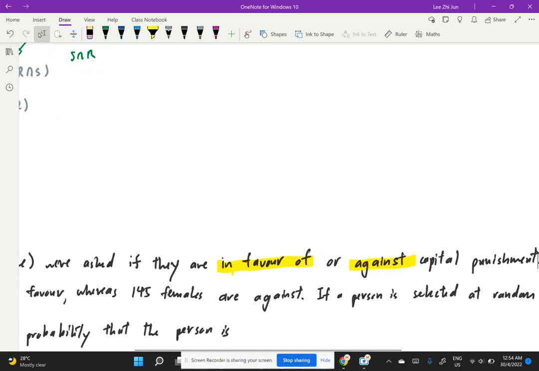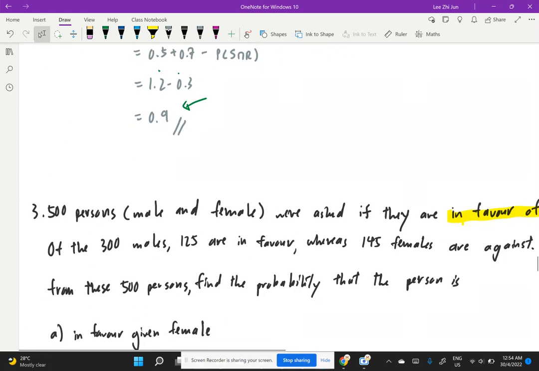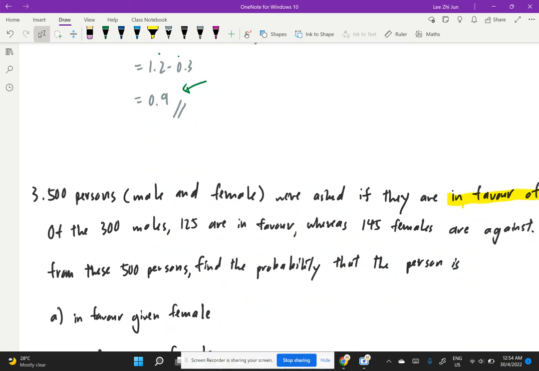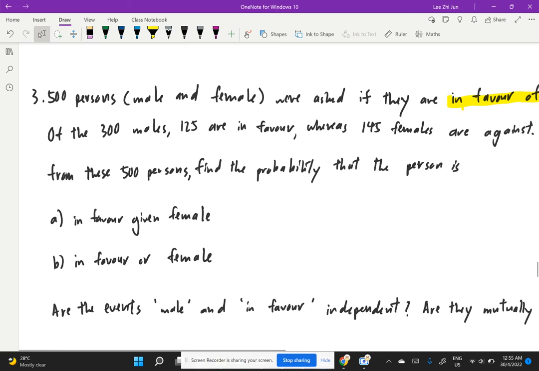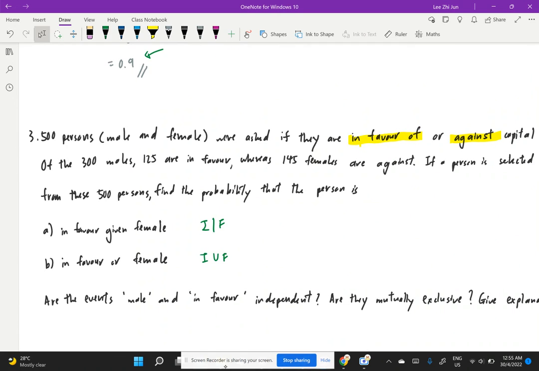If a person is selected at random from these 500, find the probability that the person is in favor given female, which is P(I given F). Are the events independent and mutually exclusive, male and in favor? Give explanation.